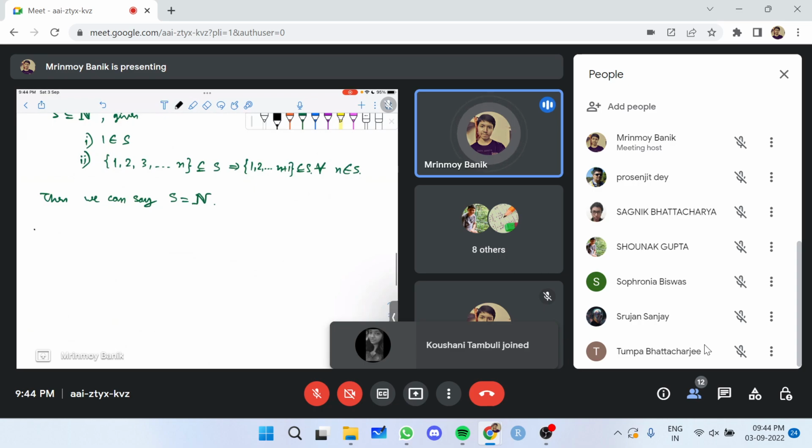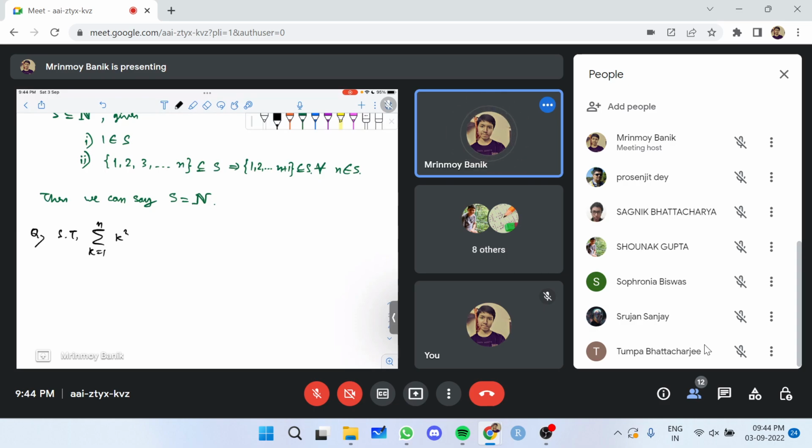So the question is, show that sum over k squared, k runs from 1 through n, equals n times n plus 1 times 2n plus 1 by 6. So, proof by induction.